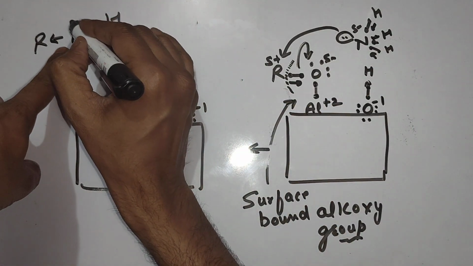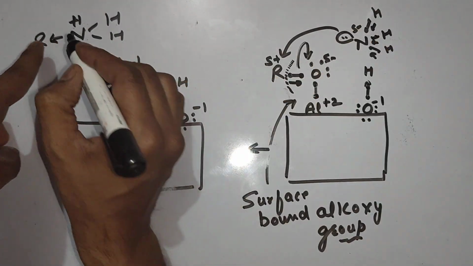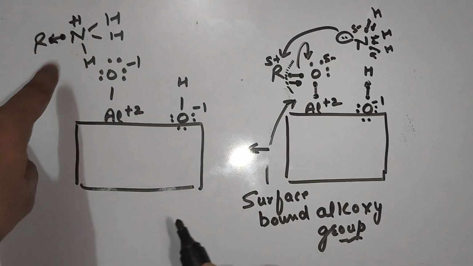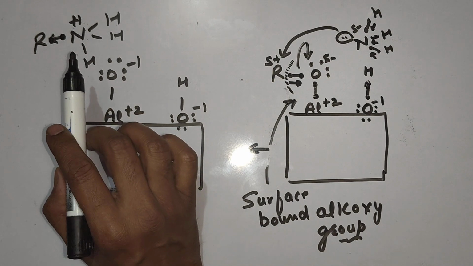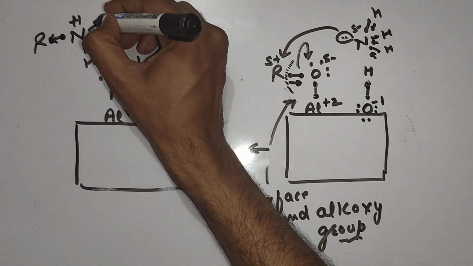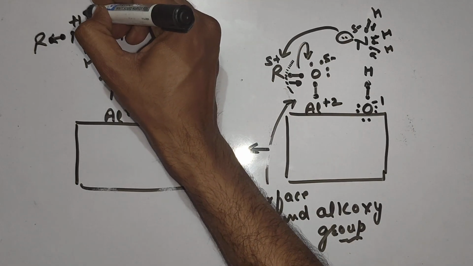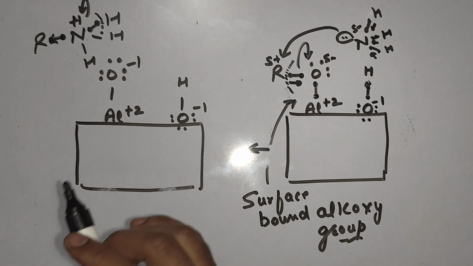In this condition, nitrogen will carry a plus 1 charge because out of 2 electrons, 1 electron it has completely transferred toward carbon, one it is carrying with itself. In this condition, nitrogen is highly unstable. What will it do? It will break the bond from one of its hydrogens. And obviously electrons will completely shift toward nitrogen because nitrogen is more electronegative than hydrogen.